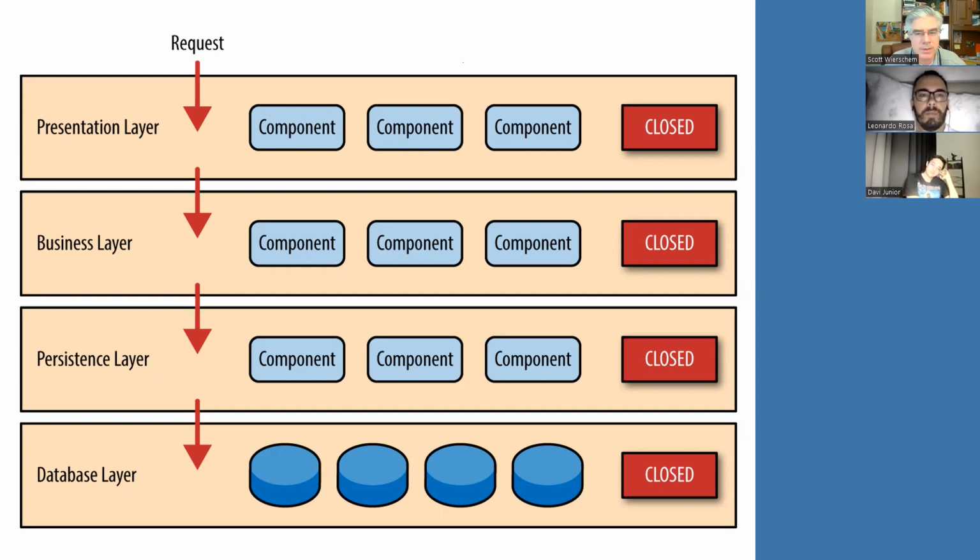So for instance, let's say the user interface, the presentation layer, needs something from the database, like a customer record, someone wants to display a customer record on the UI.